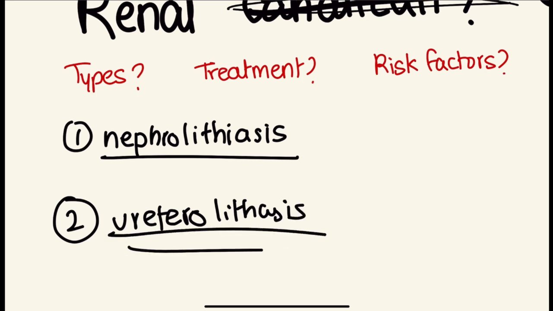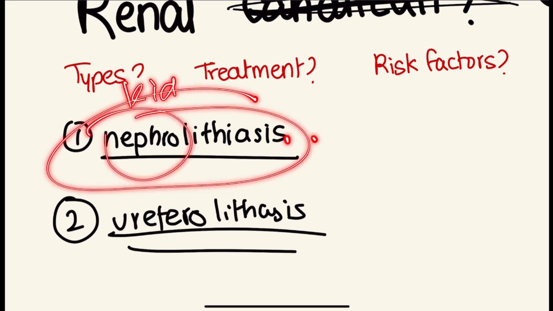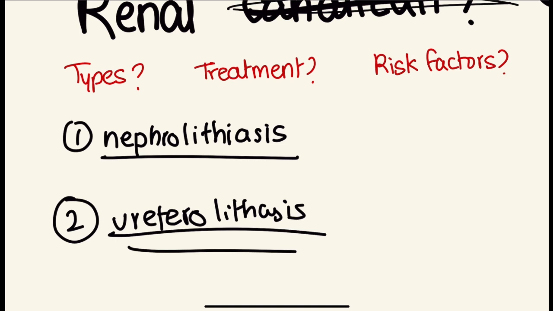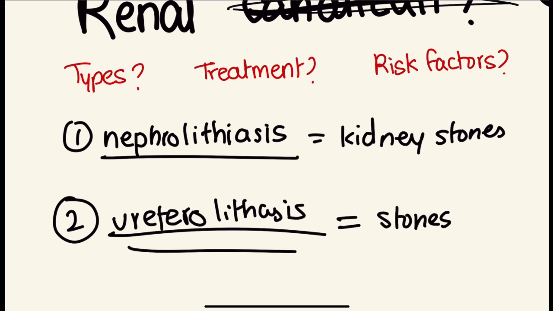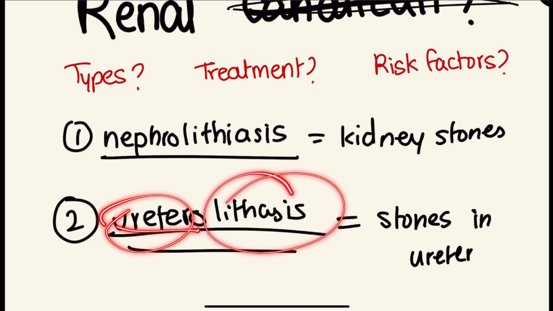From the name itself, nephrolithiasis, nephro means kidney, so this would refer to kidney stones, right guys? And ureterolithiasis would mean stones in the ureter. Why did I say this? Because from the name itself, ureter and stones.